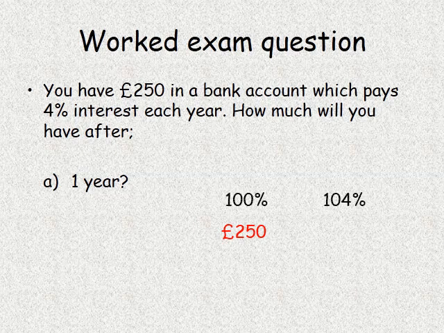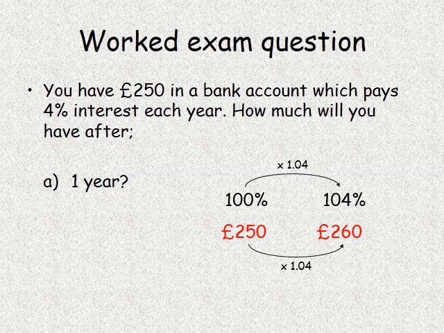100% to start off with, then 104 because it was a 4% interest rate, therefore the multiplier is 1.04, so we multiply the 250 by 1.04. So the new value is 260.